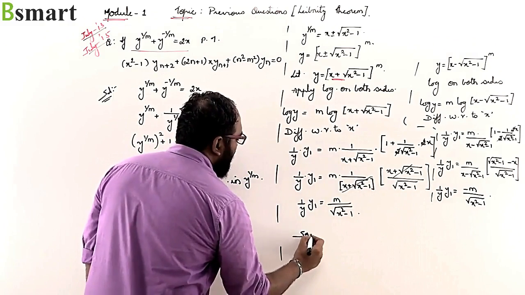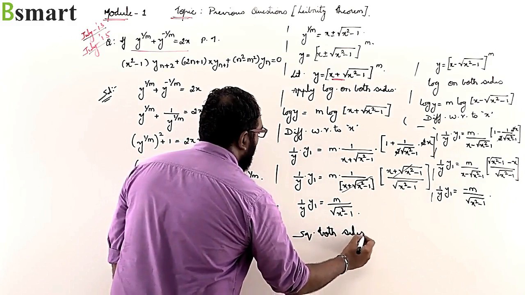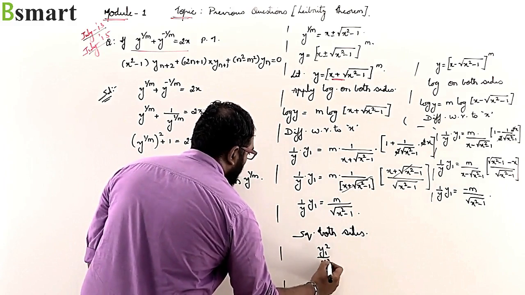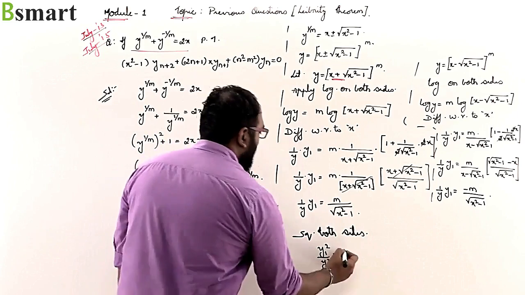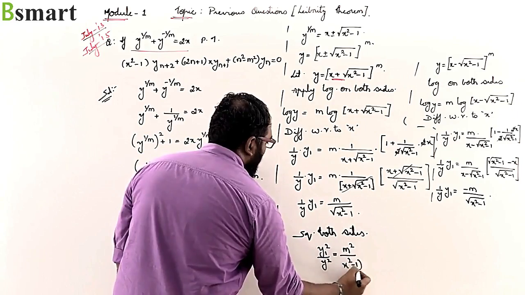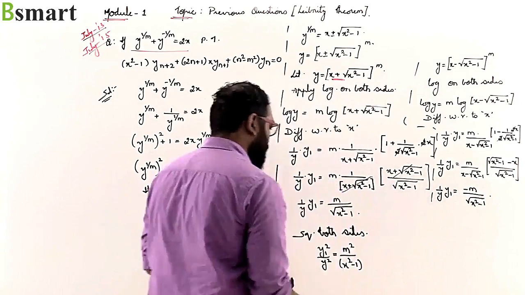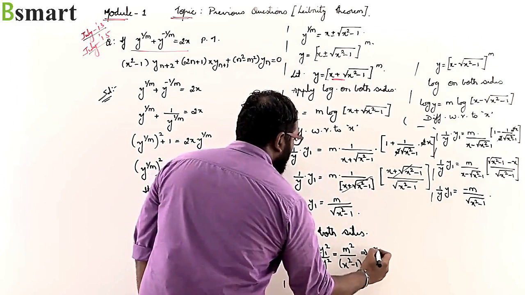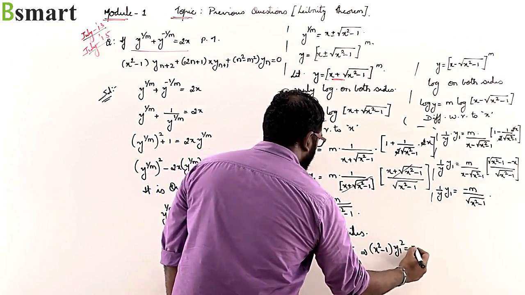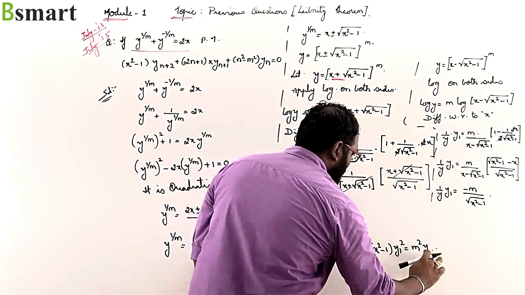Now squaring both sides, that will be y1 square by y square is equals to m square by x square minus 1. Even if we square this term, that will be plus m square, and that implies x square minus 1 into y1 square is equals to m square y square.